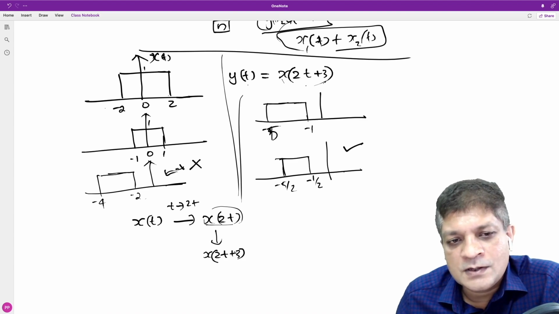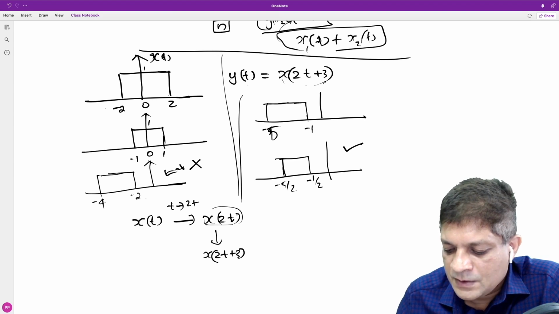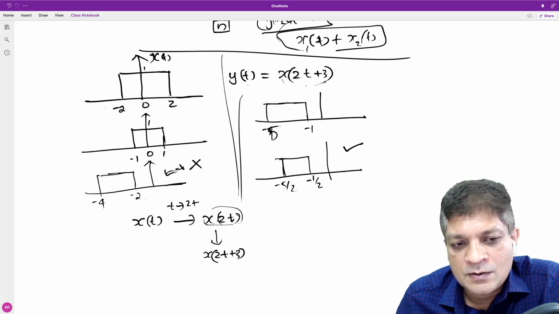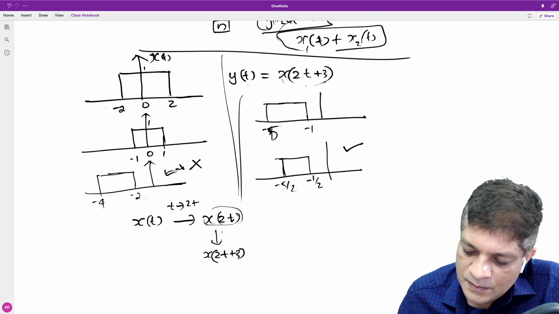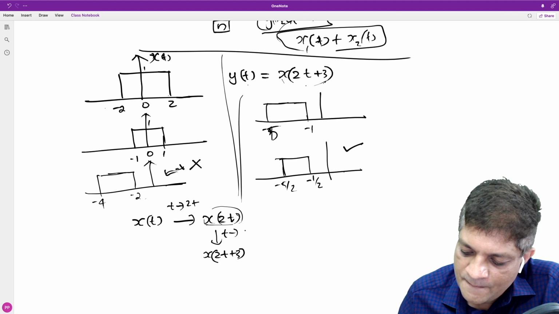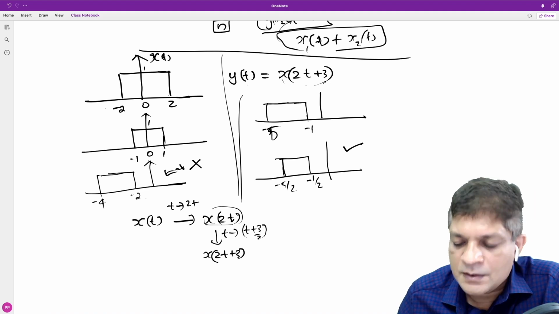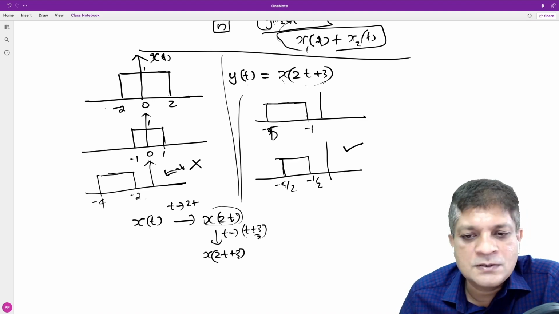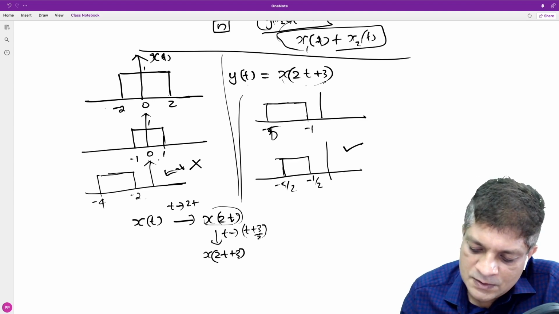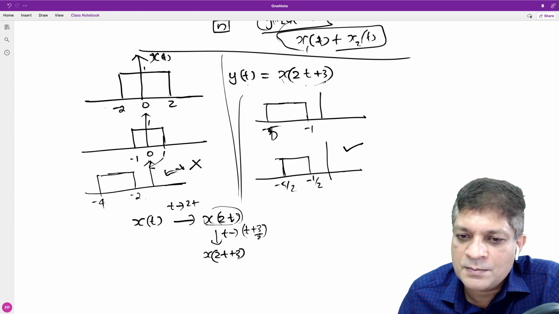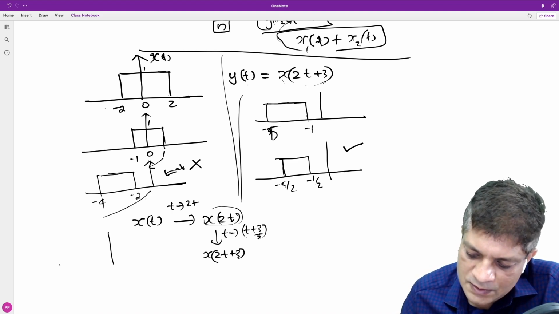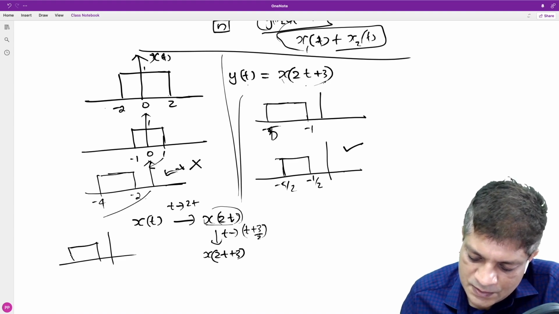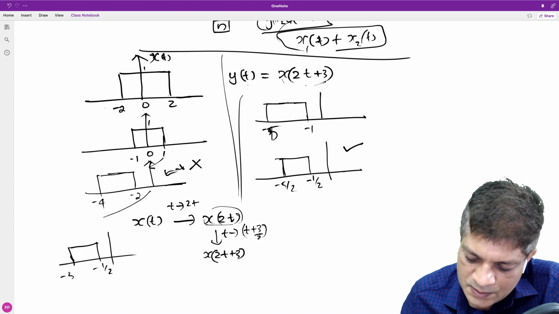What is that operation? You have to replace t with t plus 3/2, isn't it? That means this shift is not 3, it is 3/2. And if you do that shift, you will get the same answer: minus 1/2, minus 5/2.